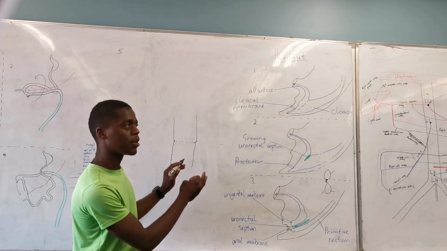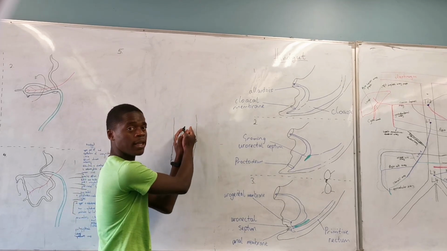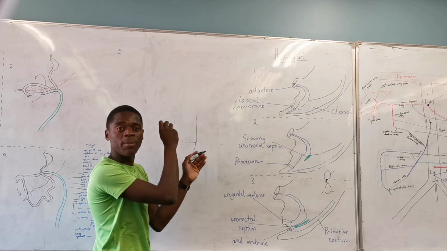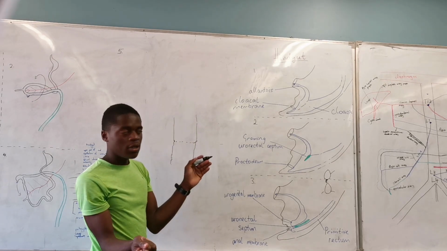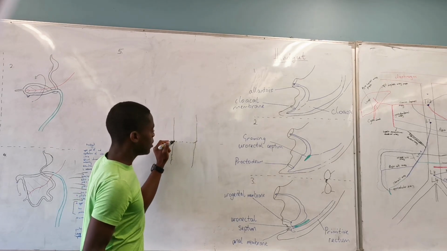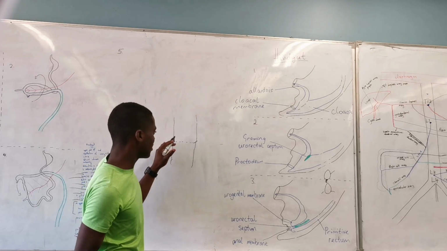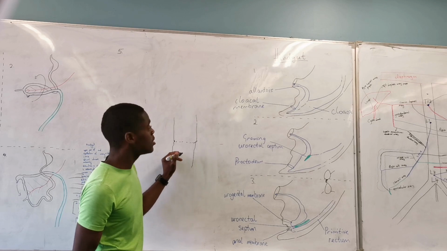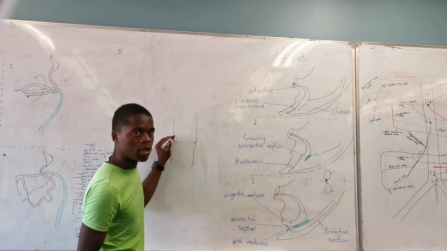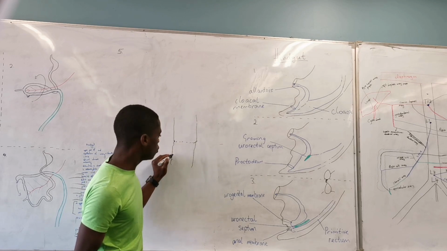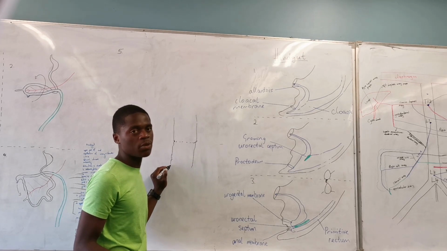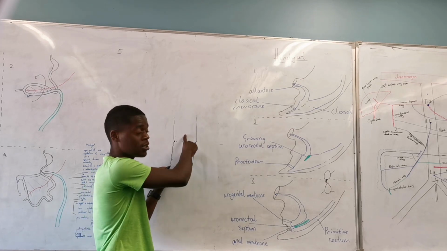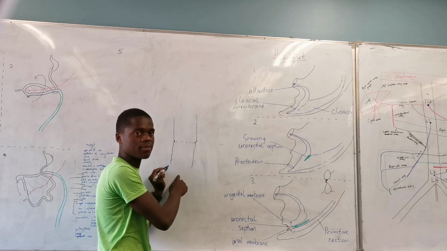If you remember, we said that the epithelial lining of the GIT tract is coming from the endoderm, right? So this is where we have the transition from the endoderm to the ectoderm, also the transition from the columnar epithelium to stratified squamous from the ectoderm. This is where the transition is going to be.